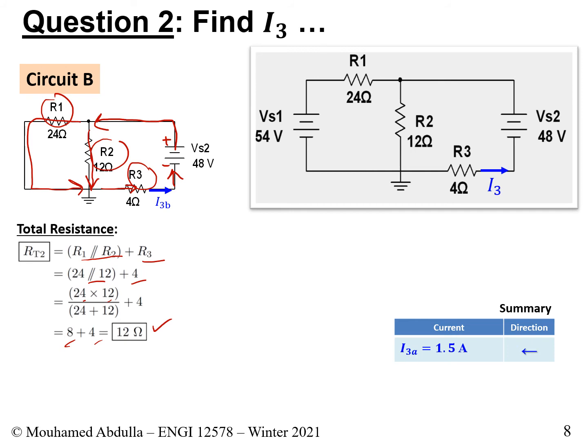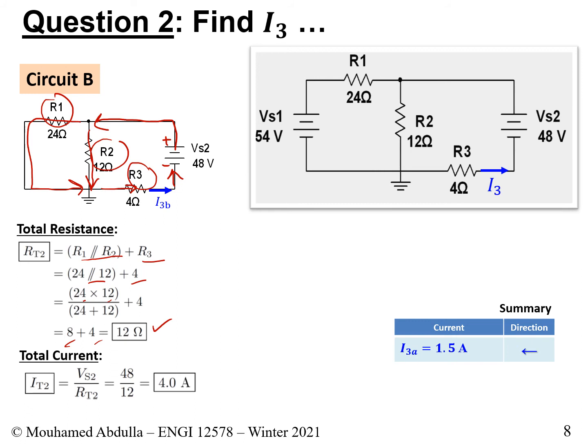At this point, we could find the total current, which is obtained using Ohm's law, so it's basically our 48 volts and the total resistance is 12. So 48 divided by 12 gives us our 4 amps. And this is really enough, we don't need to do anything else.